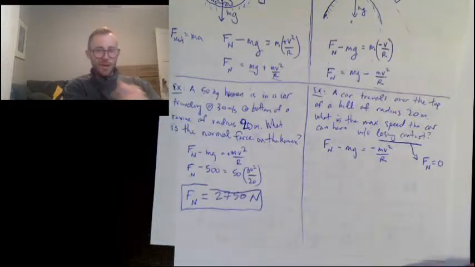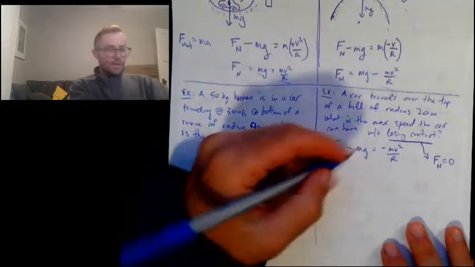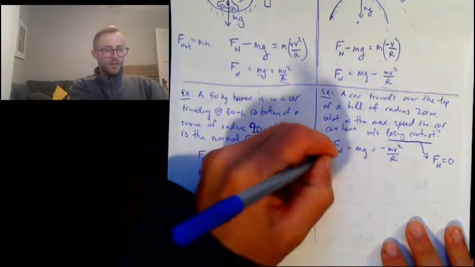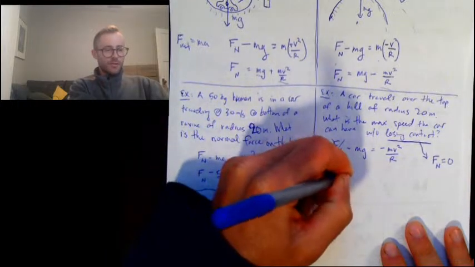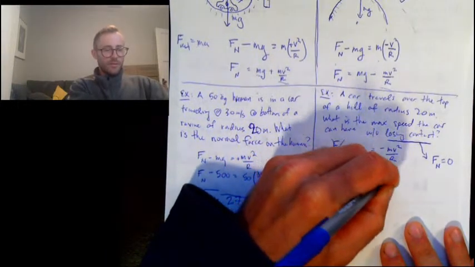So make sure you know that. So I'm going to go to the next line, and I'm not going to worry about the normal force. Okay, so I just have minus mg equals minus mv squared over r.